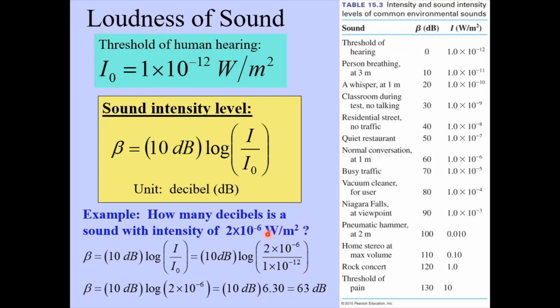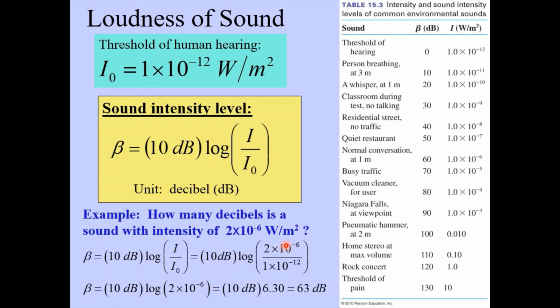Now this looks like a mess, but actually you can do this in your head. 2 divided by 1 is just 2, and 10 to the minus 6 divided by 10 to the minus 12, well, whenever you divide by something, you bring it up to the top as a reciprocal. So this is the same as 10 to the minus 6 times 10 to the 12, and all we have to do is add minus 6 to positive 12 to get our exponent.